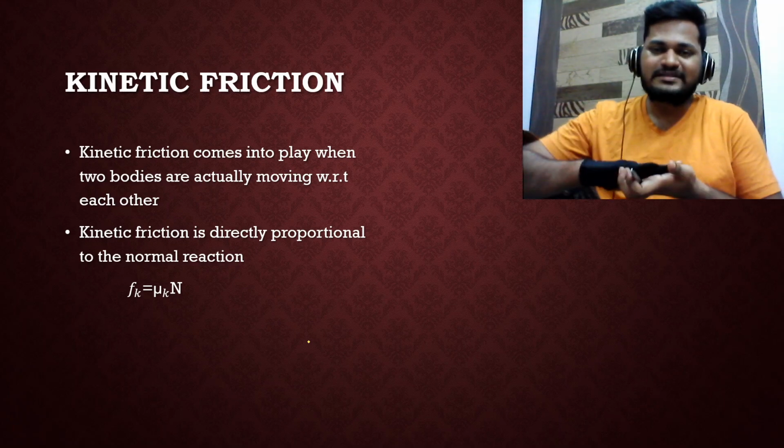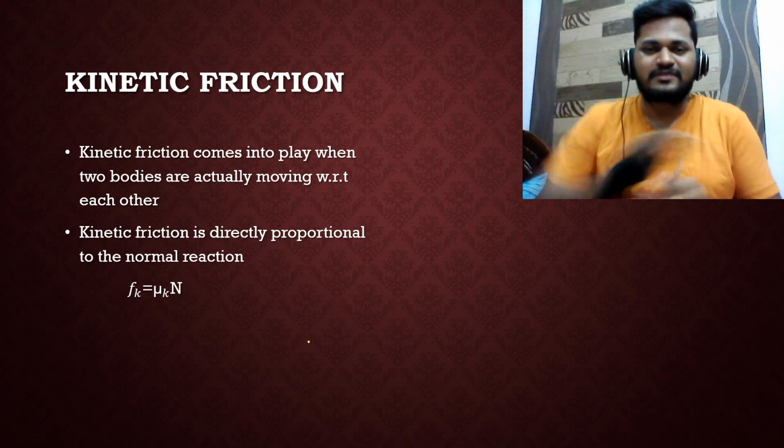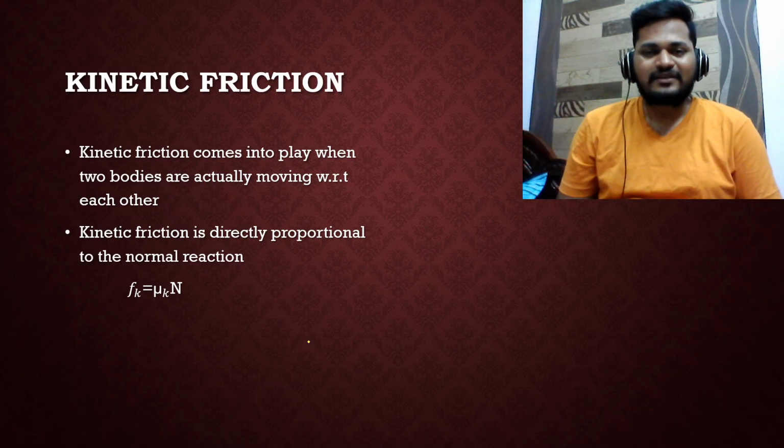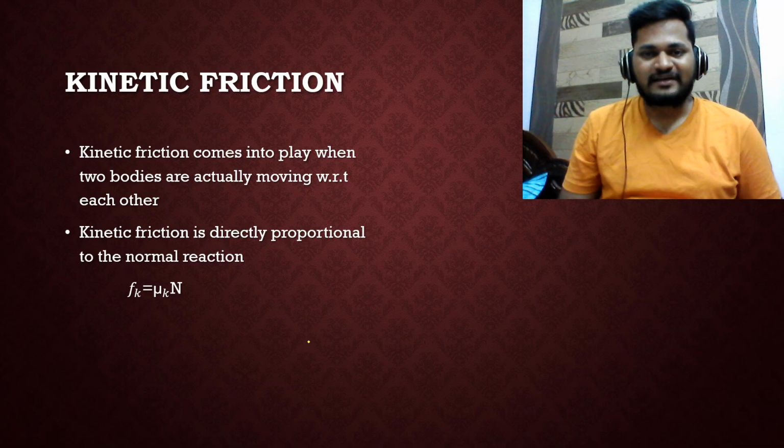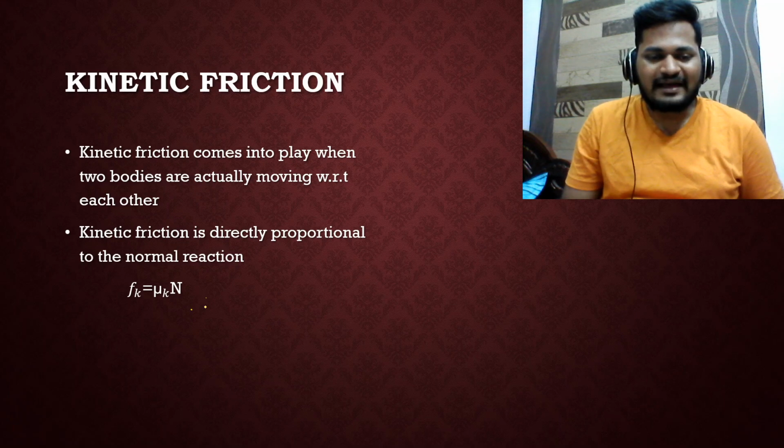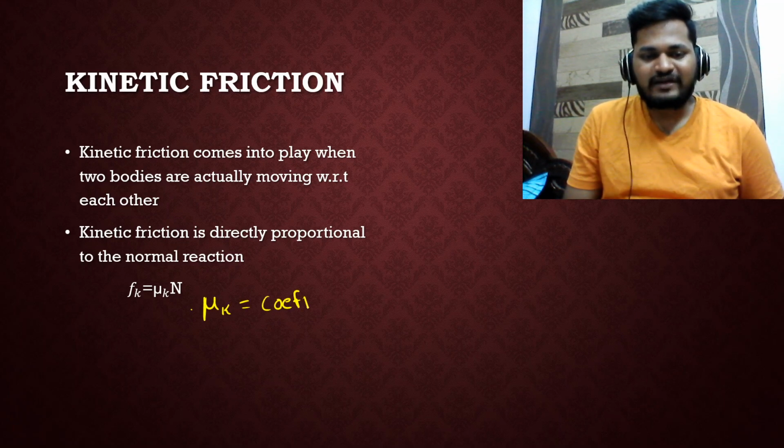When two bodies start moving with respect to each other, the friction acting between them is called kinetic friction. And even kinetic friction is directly proportional to the normal reaction, and the proportionality constant is mu suffix k, which is the coefficient of kinetic friction.